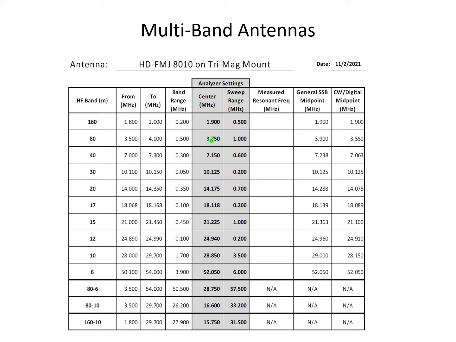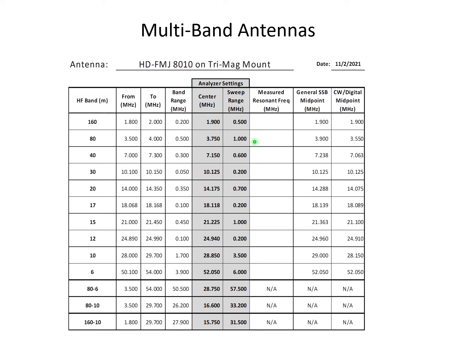And all I have to do is enter in that value, the sweep range, and it'll run through the frequency span, recording and plotting the SWR, and then I can note the resonant frequency on my pad here and see where we're at for any of these ranges.